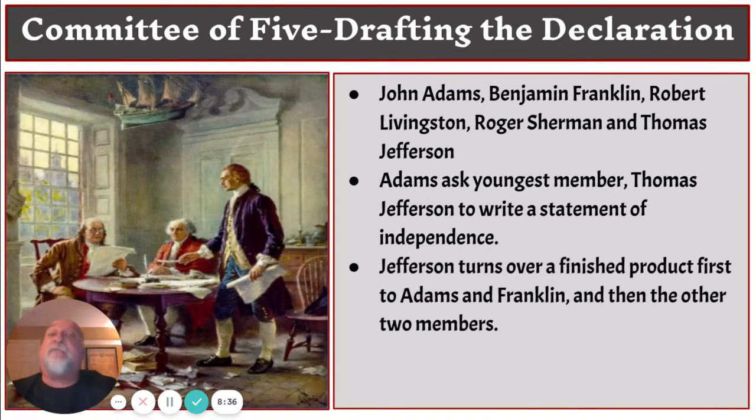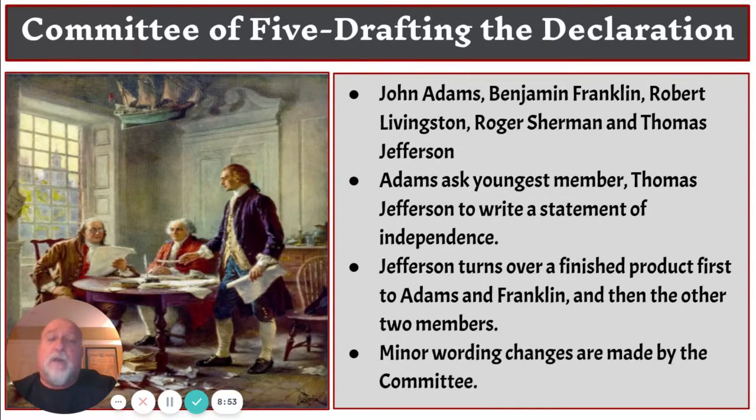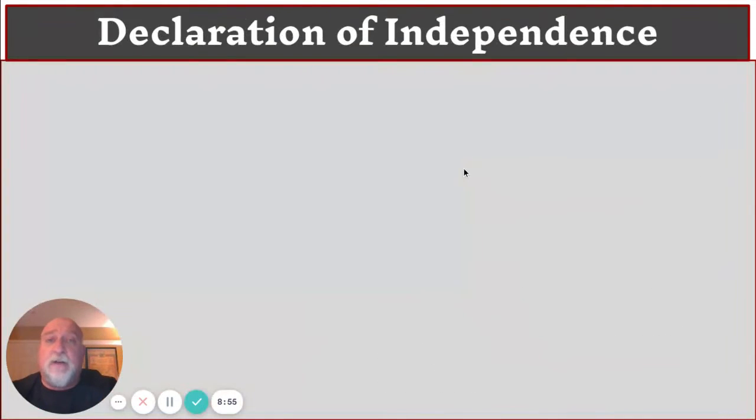And the idea is after the vote to see who wins, should we declare independence or not, in the first part of July 1776, they will present this document as a declaration of our independence. And so that's exactly what happened. We take the vote, and you kind of know the rest.